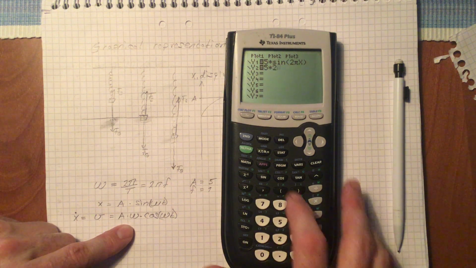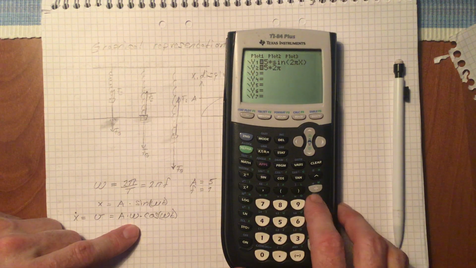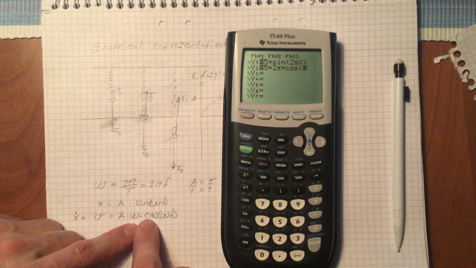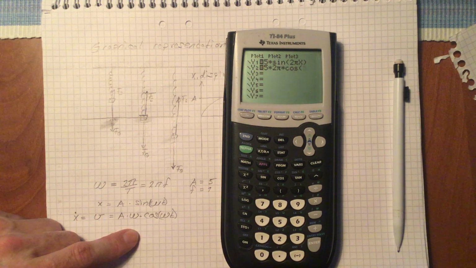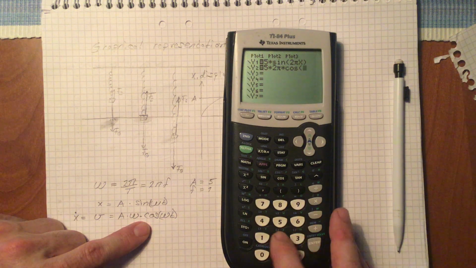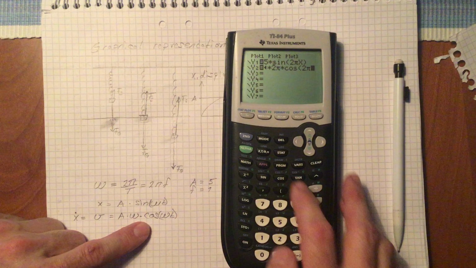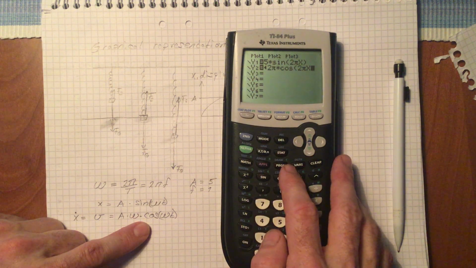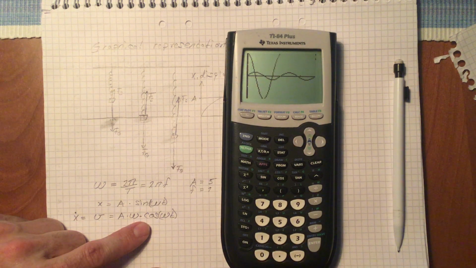So 2 pi. And then times cos instead. The derivative function for sine is cos. Cos, and then the same thing here. 2 pi times the time. That's x. And then let's draw the graph. So it looks like this.